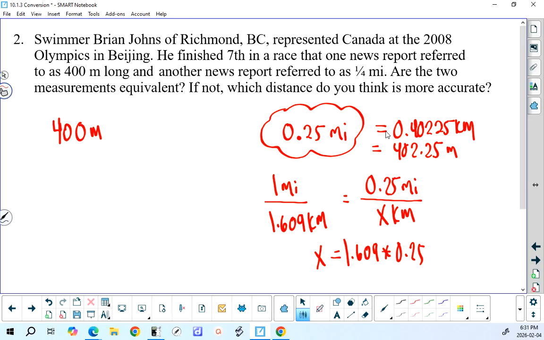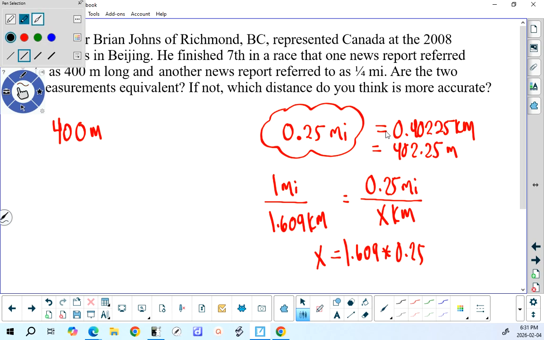Again, just a couple of brief points here. If you need to use a ratio to convert kilometers to meters, feel free. If you don't need to use a ratio to do any of this, I don't care how you reason it out. What I care about is that you get the right number of meters. So, one news report reports this for the length of the race.